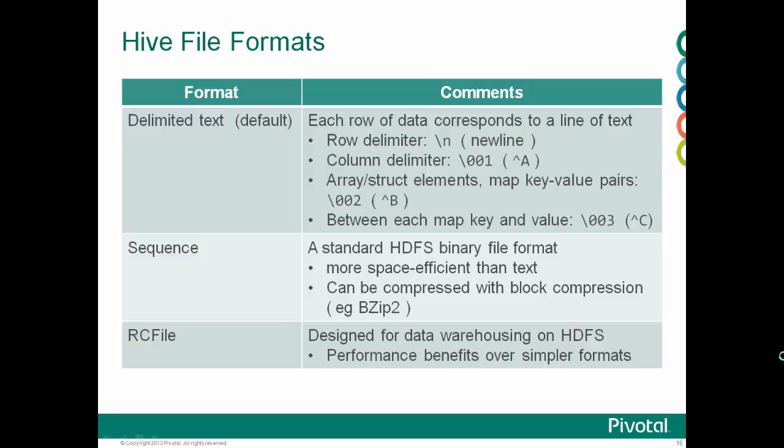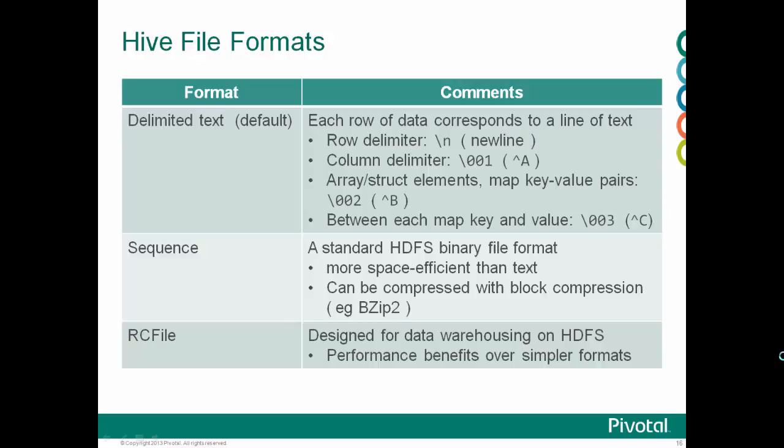Here we see some of the Hive file formats. The default delimited text is where each row of data corresponds to a line of text, and you can see as well the default values for the various delimiters for a text file, whether it be the row delimiter or the column delimiter, a delimiter for key value pairs, as well as the delimiter between the key and value of a key value pair.